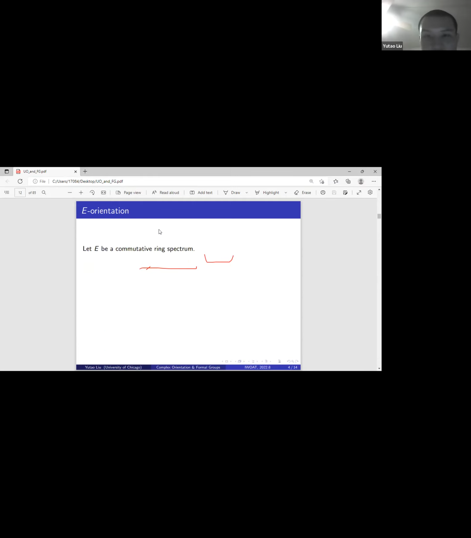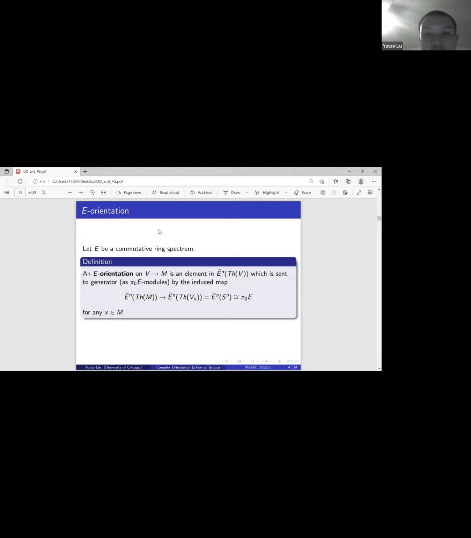So we can make this idea more general. Basically, here we use the ordinary cohomology to obtain our expression elements. But in general, we can replace this ordinary cohomology by any general cohomology theory. So if you have any arbitrary commutative ring spectrum E, because we will require some cup product, so let's assume you have a product on E. Then you can define something we call the E orientation.